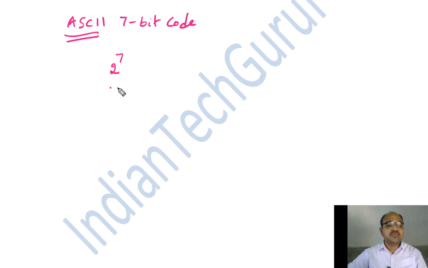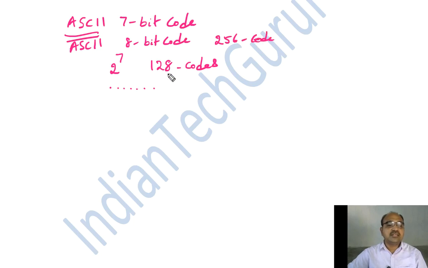2 power 7 means 2 twos are 4, 8, 16, 32, 64, 128. So 128 codes are available in the 7-bit ASCII code. Recently ASCII has been converted into an 8-bit code, using which you can store up to 256 codes rather than 128 codes.